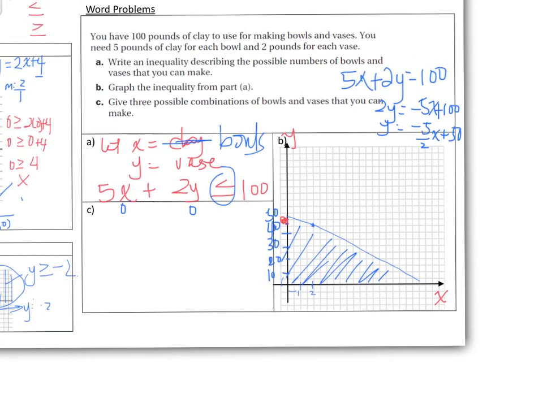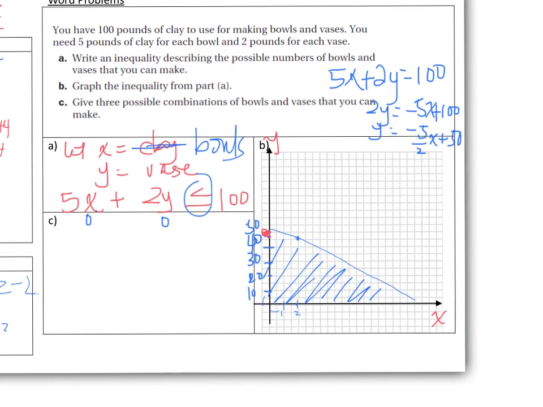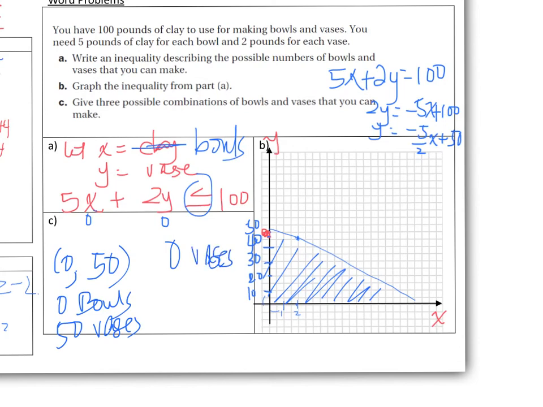If we make no bowls, meaning x is 0, then y must be 50. To make 50 vases. So 0 bowls, 50 vases. And when you make 0 vases, you can get 20 bowls.